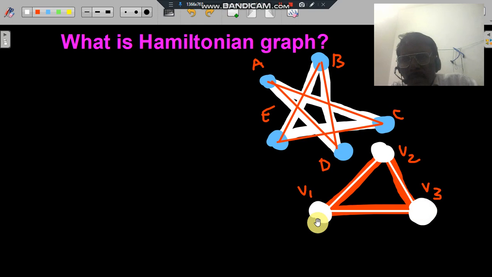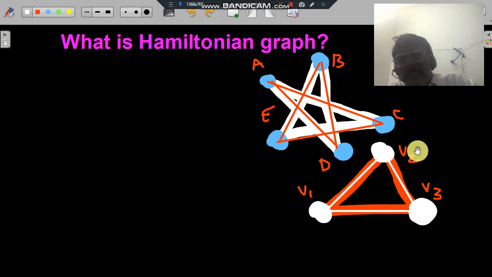Now next, V1 comes only one time, and again it reaches where it starts. So it is a cycle starting from V1, then V2, then V3, and V1. So in all these cycles, note the appearance of the vertex. Only one time in the cycle the vertex V1 comes. Here V2 only one time, V3 one time.